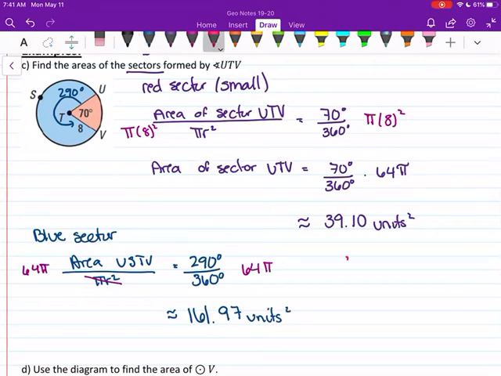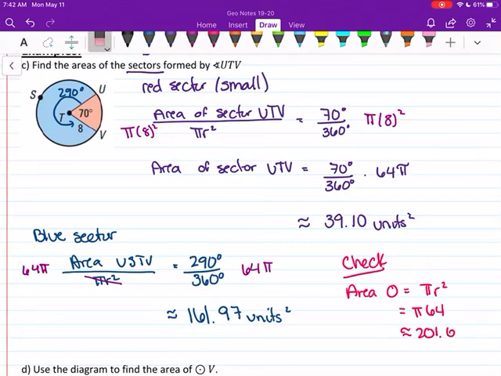So let's check. The area of the circle is pi r squared, which is pi times 64. Let's check what that is. 64 times pi. I did not do this one ahead of time. My good old trusty pi button gives me 201.06 square units.